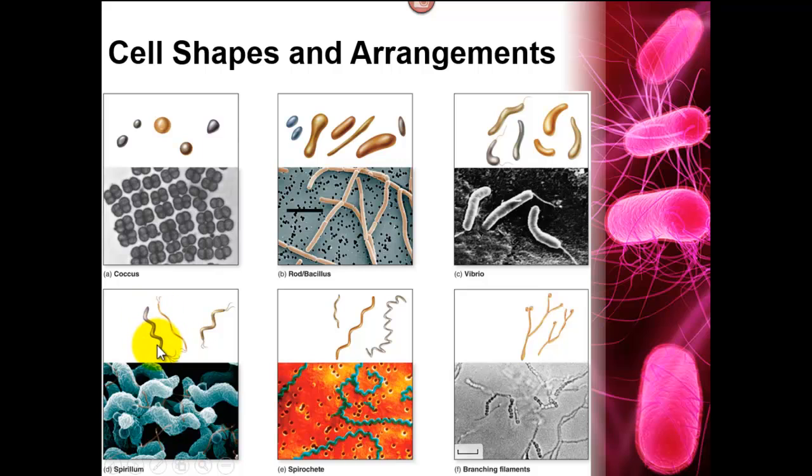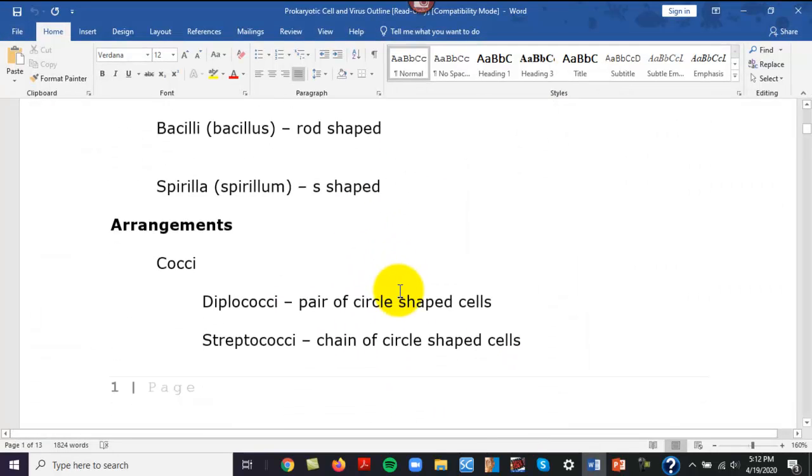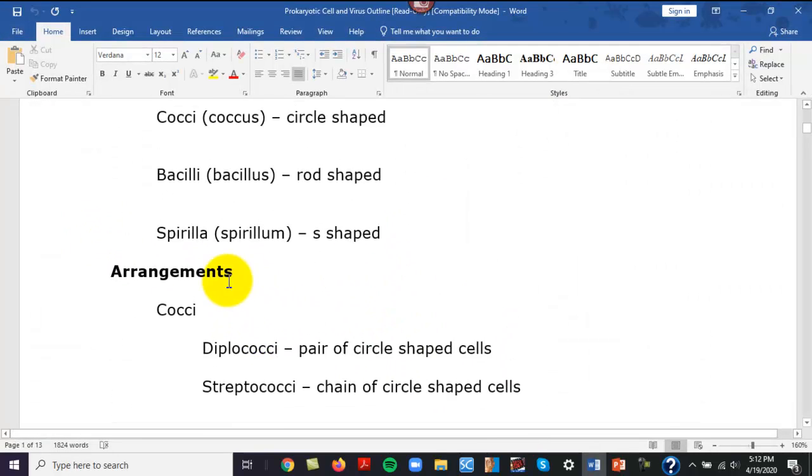You see they're kind of little squiggly shaped. These are spirochetes, which is the shape of syphilis. And these are branching filaments that you find a lot of times in yeast, things like that, which is interesting. But there are three shapes, and then here are the arrangements.